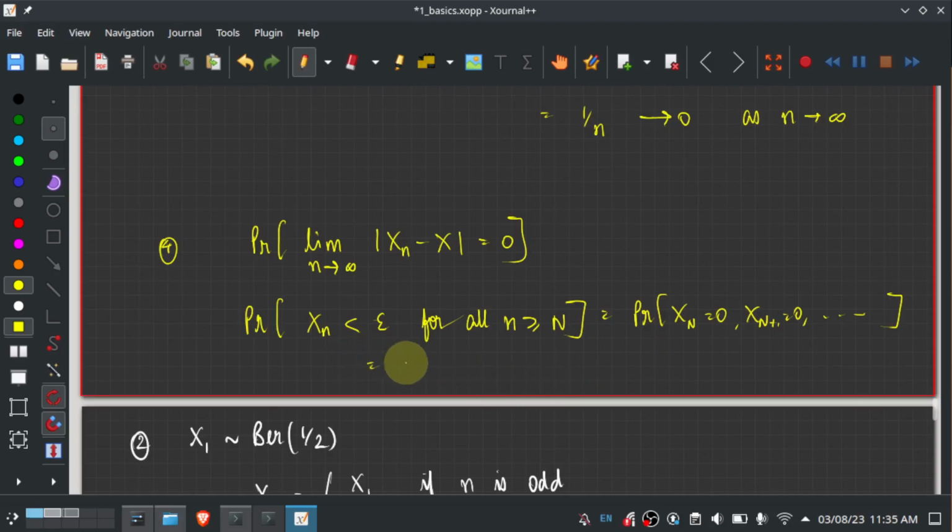It is equal to 1 minus 1 by n times 1 minus 1 by n plus 1 times 1 minus 1 by n plus 2, and so on. But what will this essentially be equal to? It will be equal to 0, right? So in fact, with probability 1, you will see at least one xn which is equal to 1.